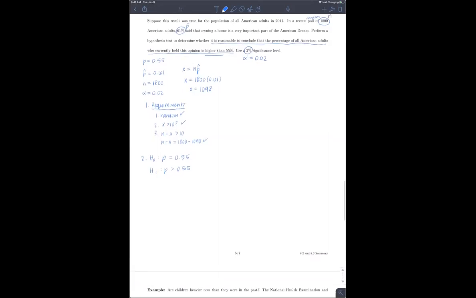But so here, let's do 3. Let's use the critical value method. And so is this a right-tailed, left-tailed, or two-tailed test? Right-tailed. Yeah, it's right-tailed. And so I'm going to draw the curve.